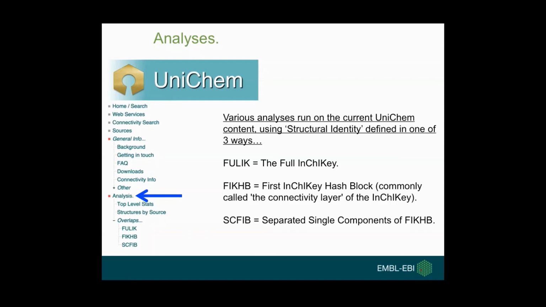But when we do those analyses, we do that on the basis of defining structure in 3 different ways: either the full entry key, which is abbreviated to the FULIK, or the first entry key hash block, which I mentioned earlier, or something called the SCFIB, the separated single components of FIKHB, which is where we separate out the InChI, and then calculate all the first InChI key hash blocks.